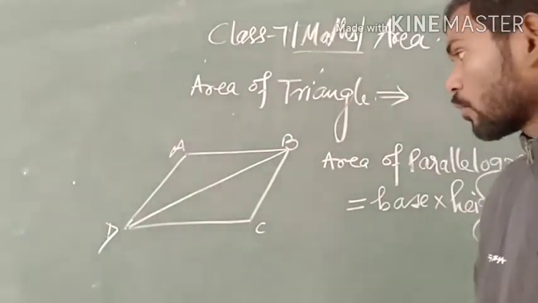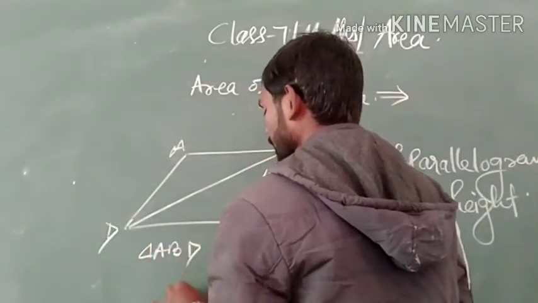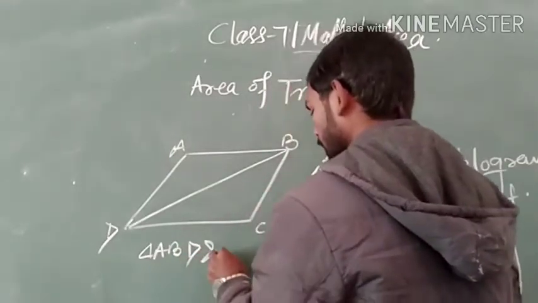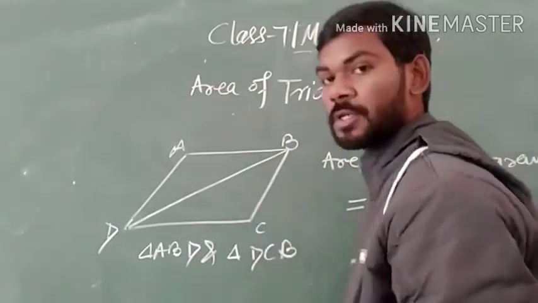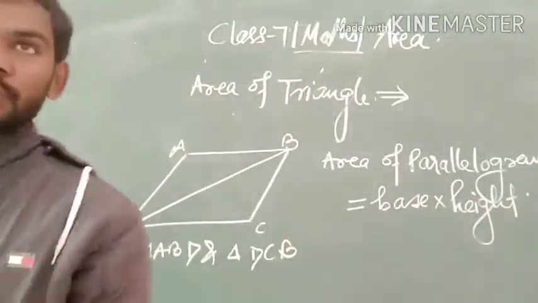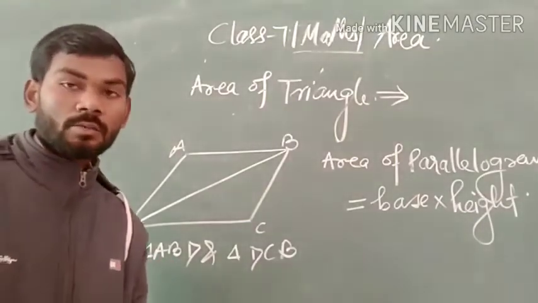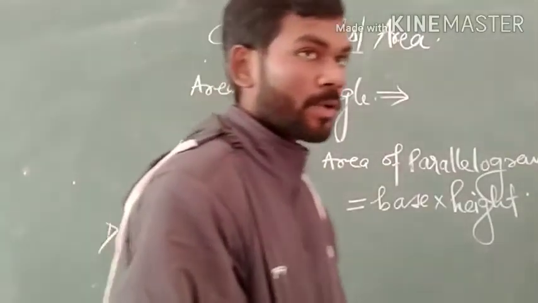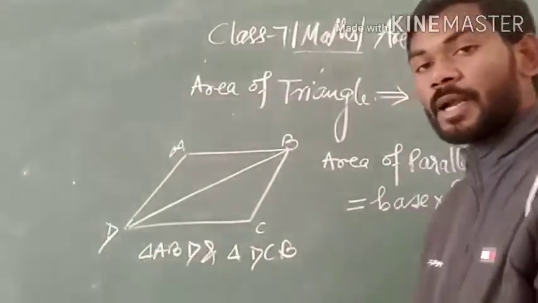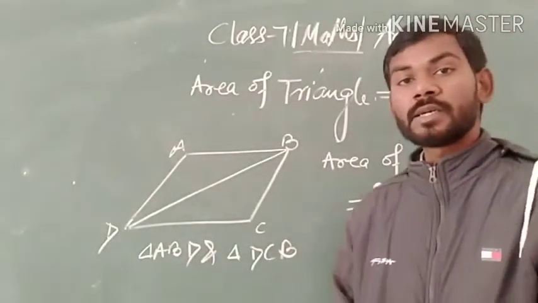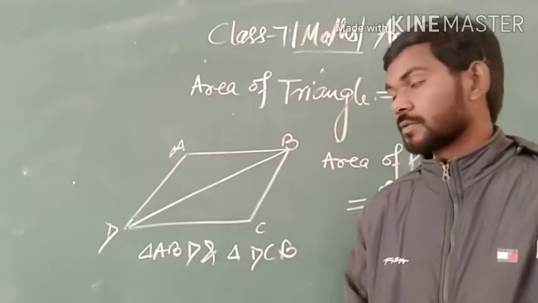That means both triangles, triangle ABD and triangle DCB, have the same property, which means that the diagonal BD divides the parallelogram ABCD into triangles of the same magnitude.